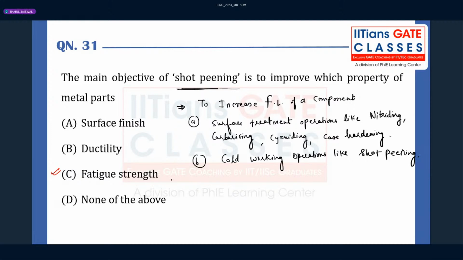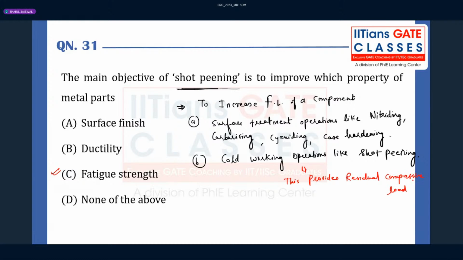These are the methods to provide residual compressive loads, right? Before coming into the functionality, what does this do? This provides residual compressive load.